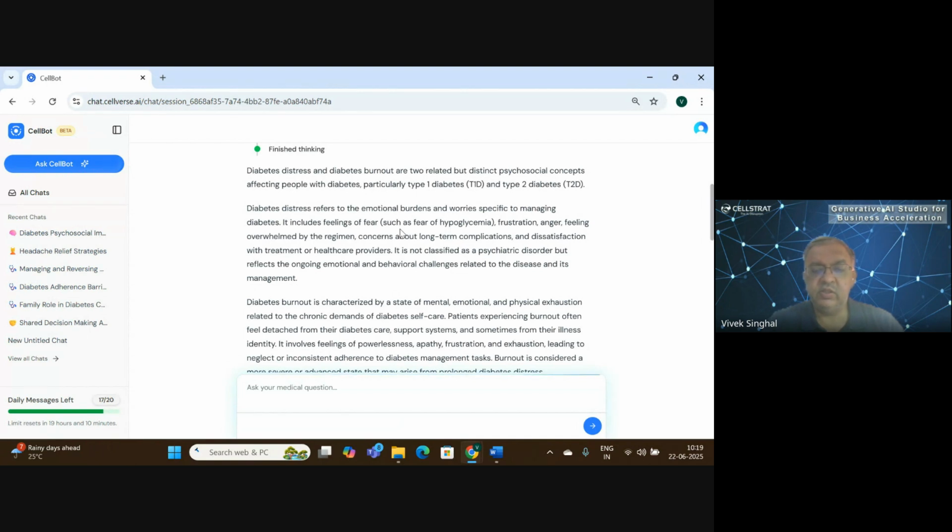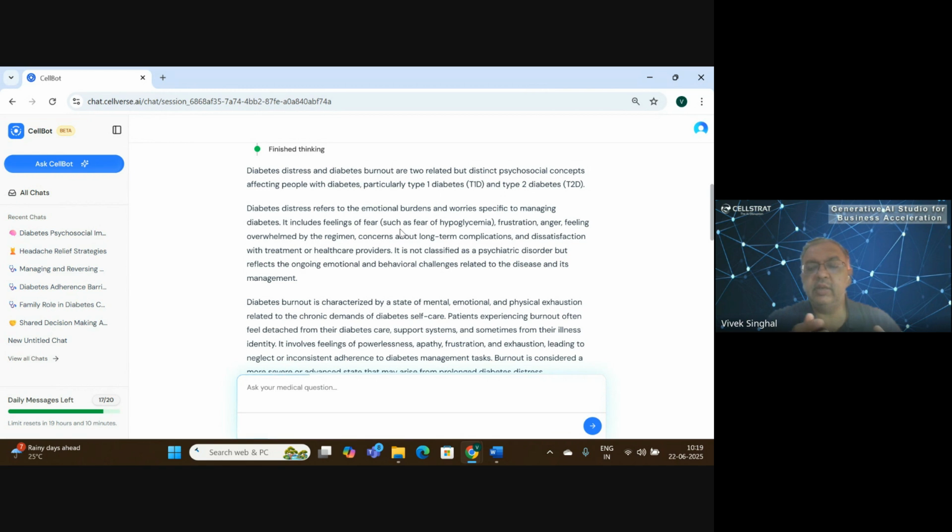If a person's sugar drops below around 70 or 60, it can become life threatening. Some of the body organs can fail, I was told. So one of them refers to high sugar, the other to low sugar, and then there is fear of high or low sugar, frustration, anger, feeling overwhelmed by the regimen.